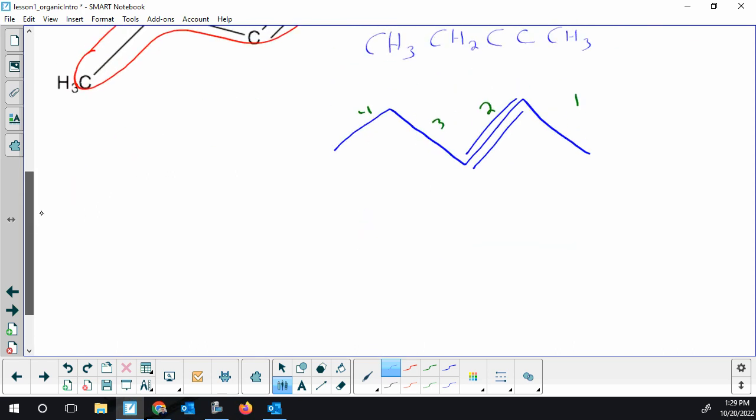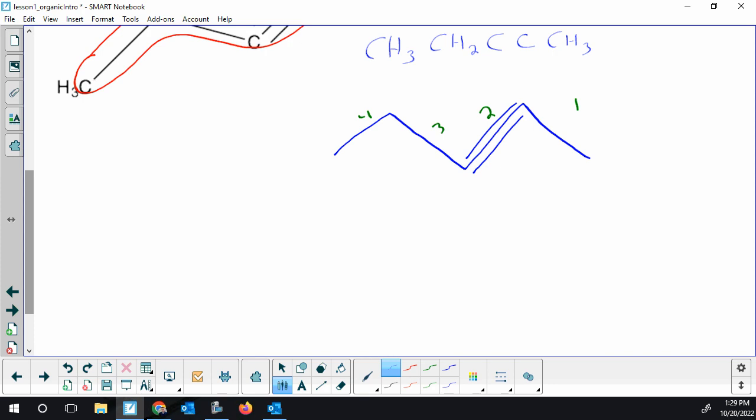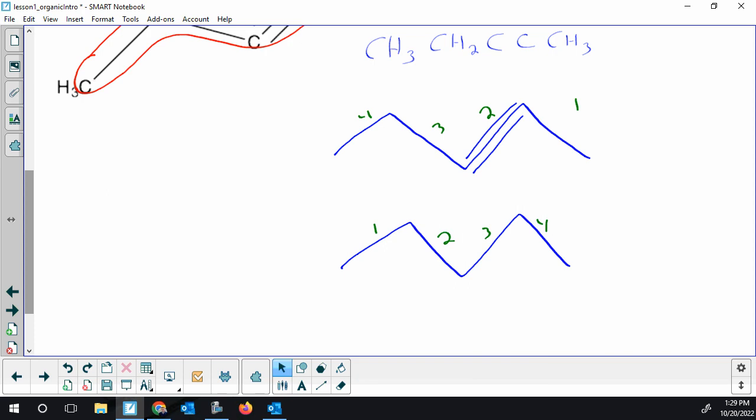Okay. But a student would be equally correct if they just flipped the right for the left. As long as the double bond is 2 from an end, it's correct. So I could go 1, 2, 3, 4, 5, and I could count the other way. It's just the mirror image. It's the same molecule.